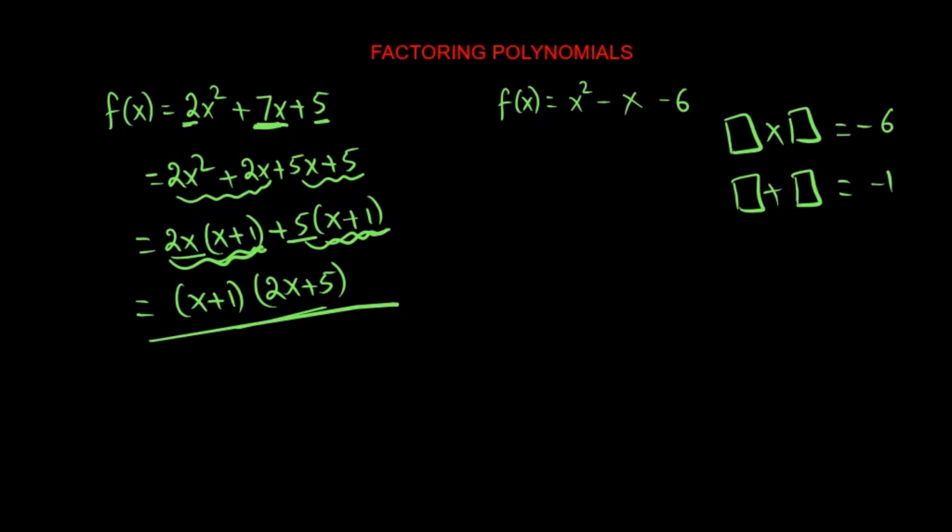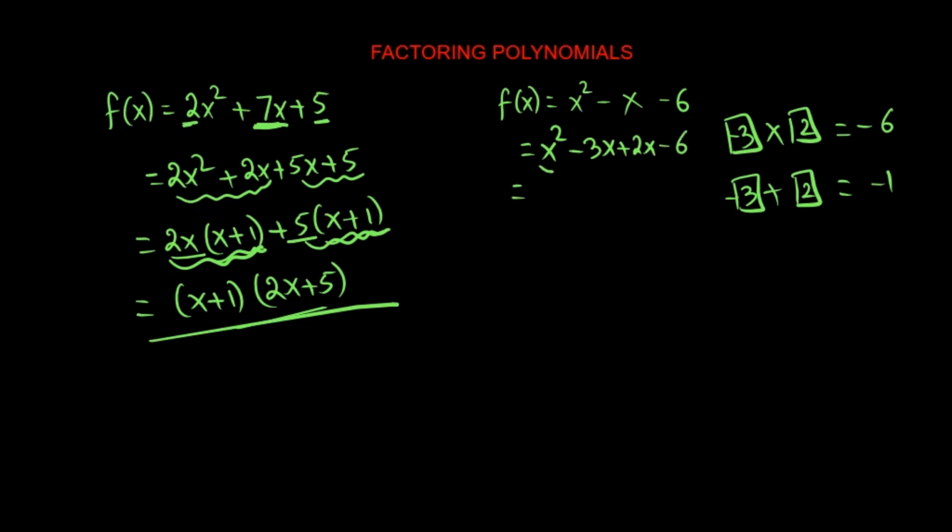Those two numbers would be minus 3 and 2. Minus 3 times 2 is minus 6, and minus 3 and 2, when you add them, you get minus 1. So I will break this minus x into minus 3x plus 2x. The function f(x) is x squared minus 3x plus 2x minus 6.